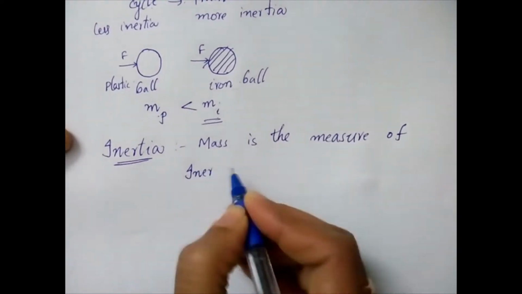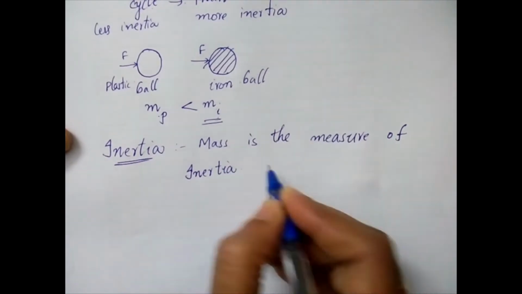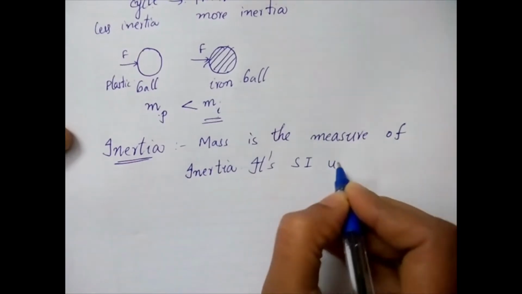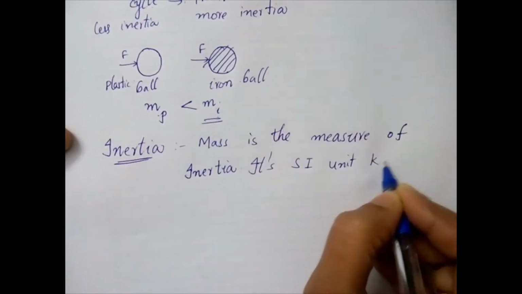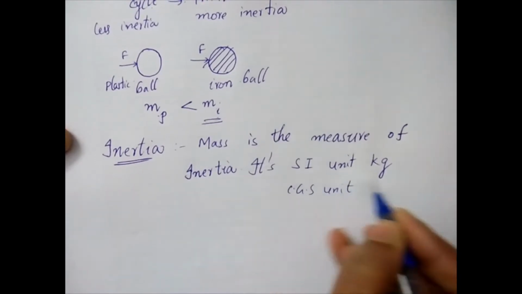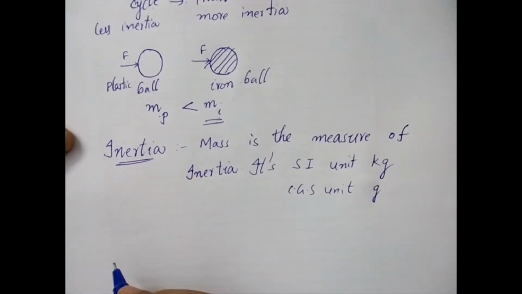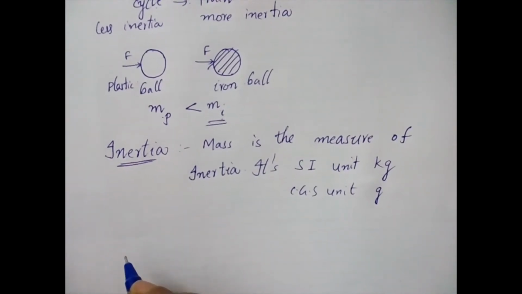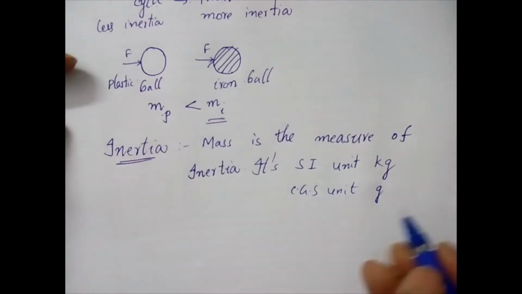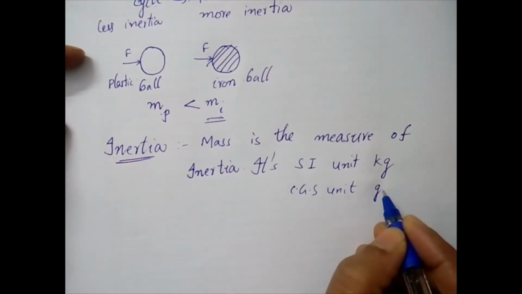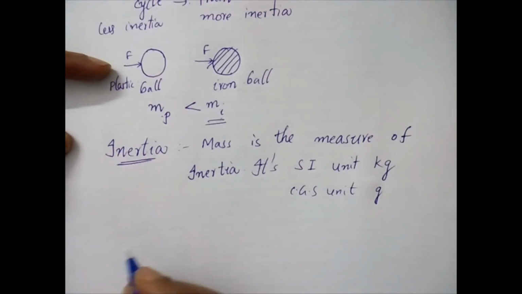Its SI unit is kg, CGS unit is grams. Small g we have to write. Whenever you are telling the total name, gram, then you can say plural grams, but when you are writing just the symbol you just need to write g. You are not supposed to write s here, that will be wrong.